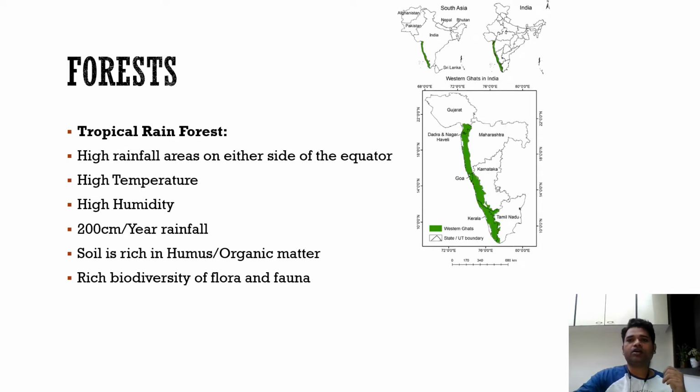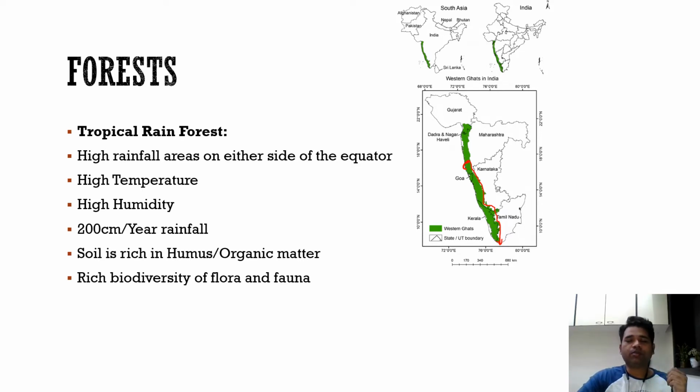In India, we see that the Western Ghats, right from the southern part of Maharashtra to the tip of the Indian peninsula, Kerala, the whole mountain range shows the evergreen rainforest type of vegetation or terrestrial habitat.